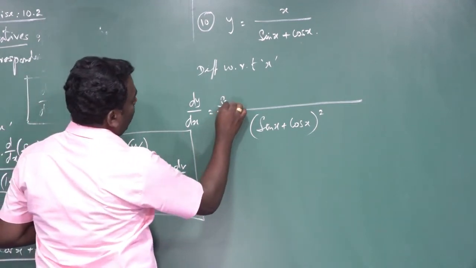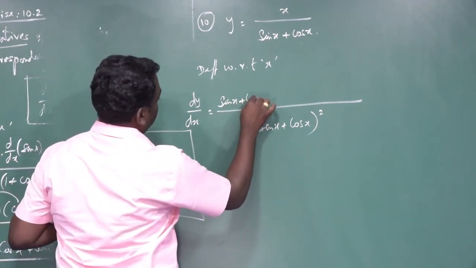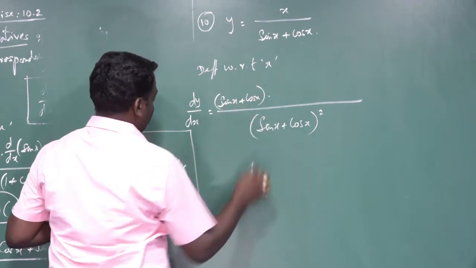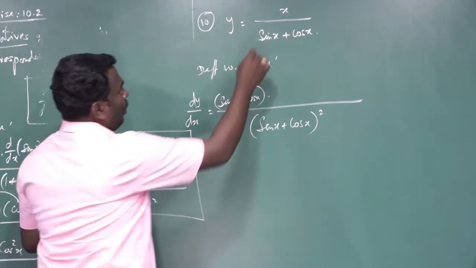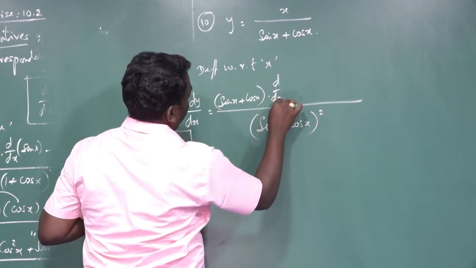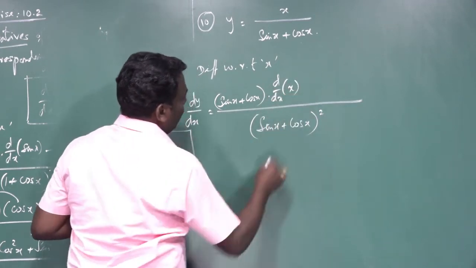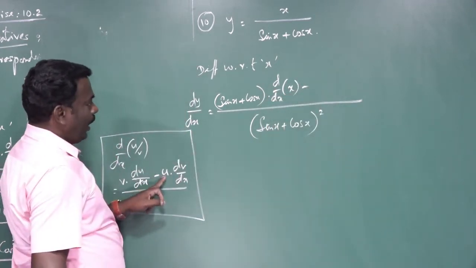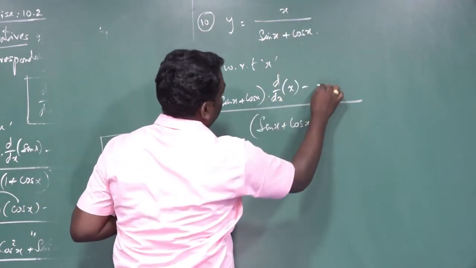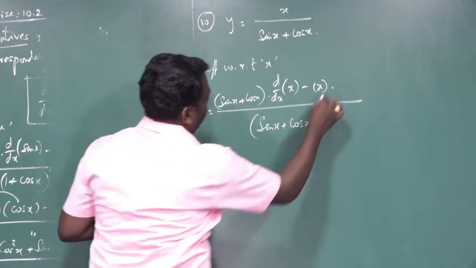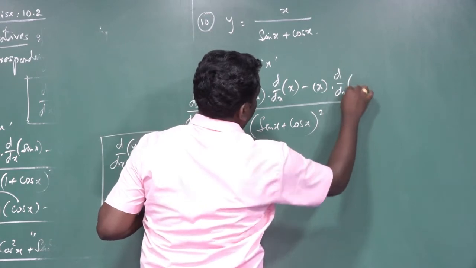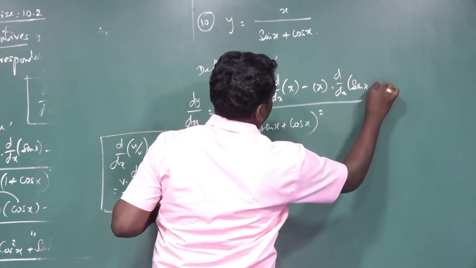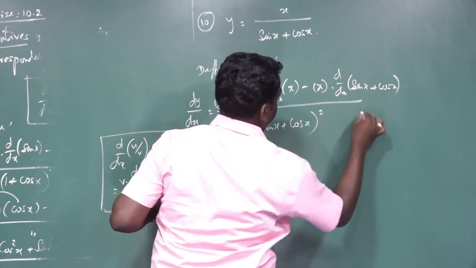What is v? sin x plus cos x, the denominator v, right as it is, and differentiate u, the numerator, d by dx of the numerator x, minus u as it is. u is the numerator x, and then differentiate with respect to x the denominator sin x plus cos x.